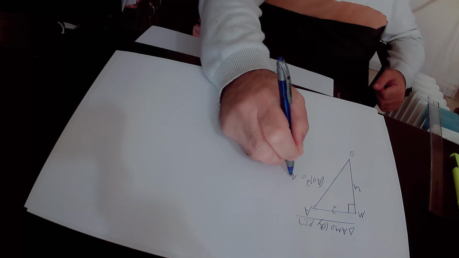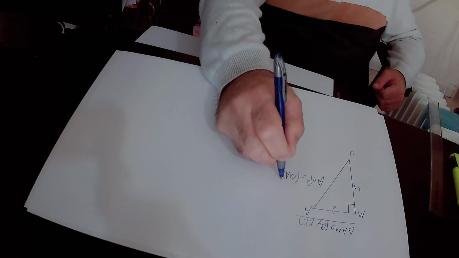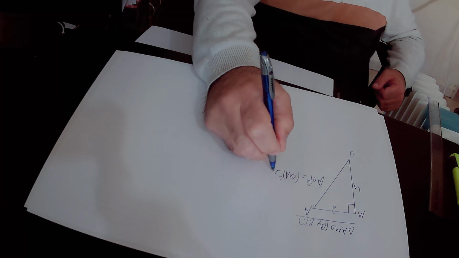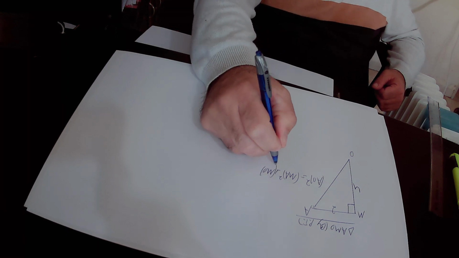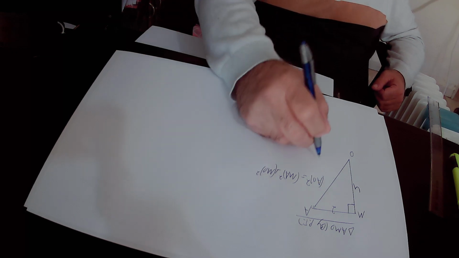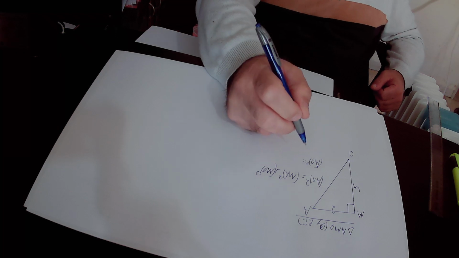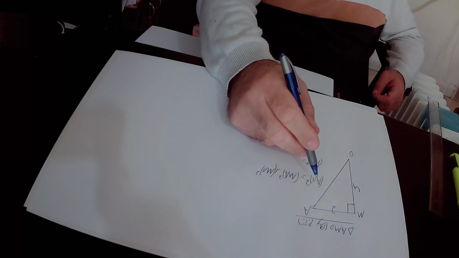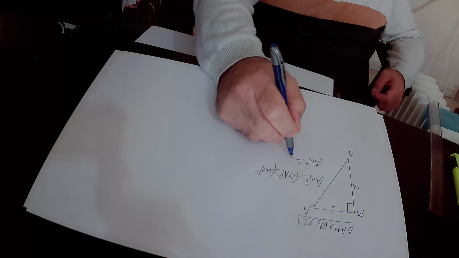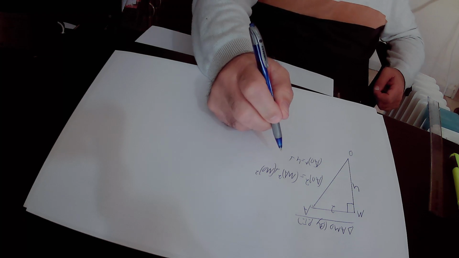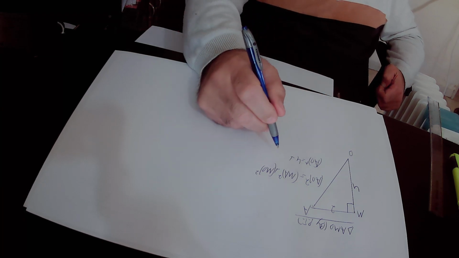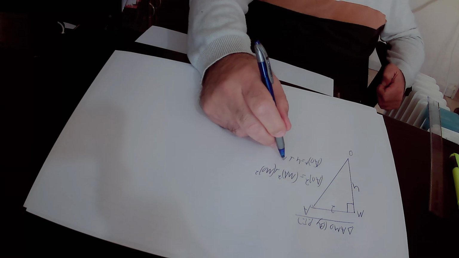equals MA squared plus MO squared. So AO squared equals MA squared, MA is 2, therefore MA squared is 2 squared, that is 4, plus MO squared. MO is 4, therefore MO squared is 4 squared, that is 16.